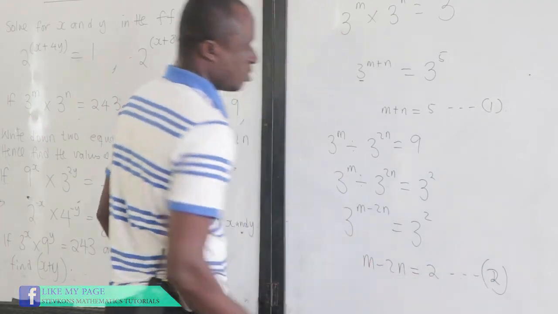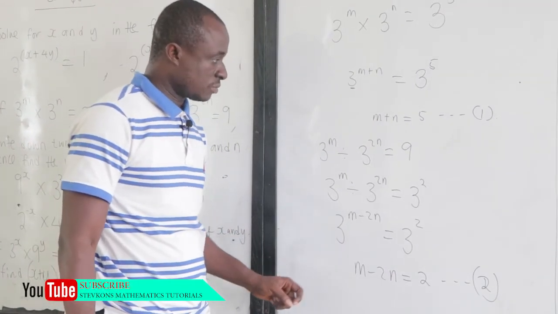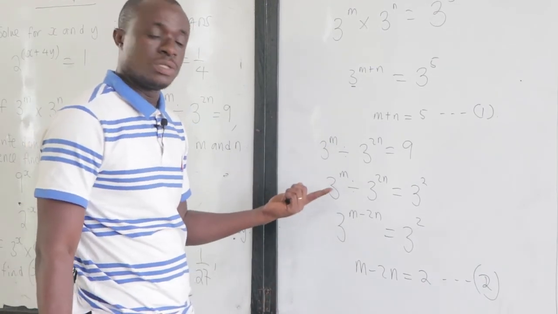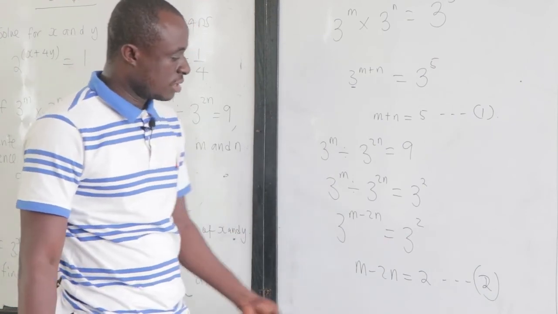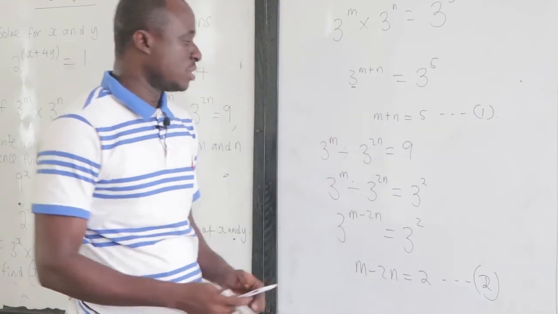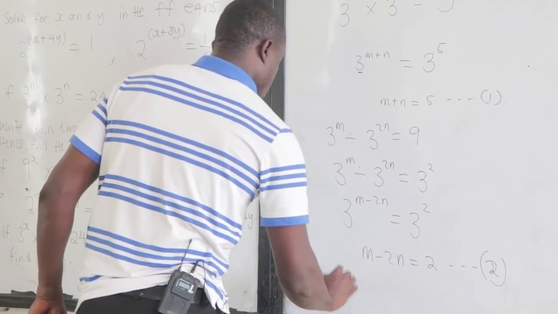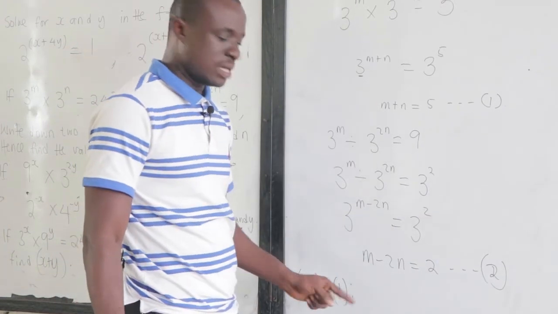Equation 2. Now, this is equation 1, this is equation 2. We can use either the substitution or the elimination. Let's use the elimination method. That is equation 2 minus equation 1. Now, m minus m, that is 0.